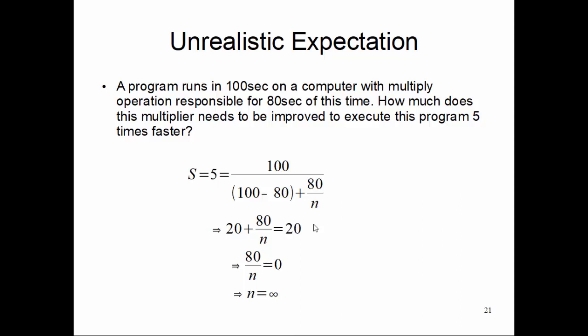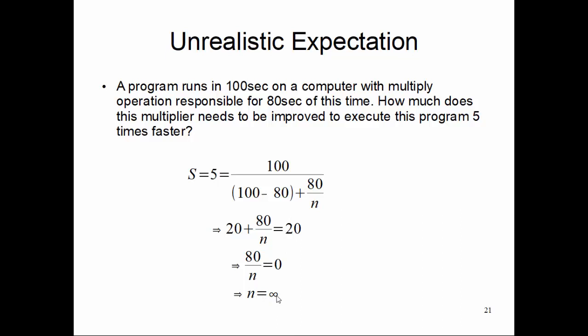So my speedup S is 5, where we take 100 seconds as the previous run. We are improving the 80 second part, so the rest, 20 seconds, remains unchanged, and the 80 seconds has to be improved by n so that my speedup is 5. If we solve this equation, we can readily see that n is infinity.